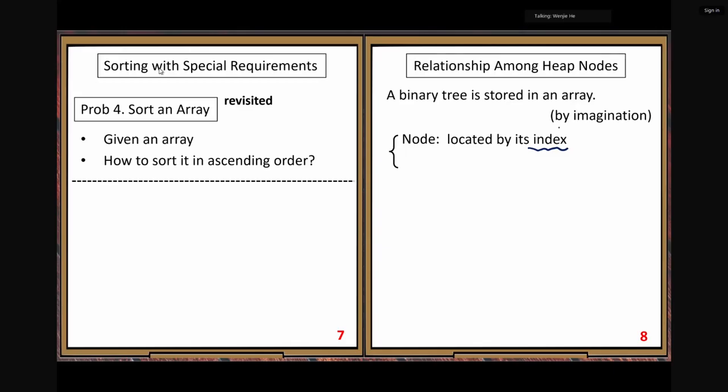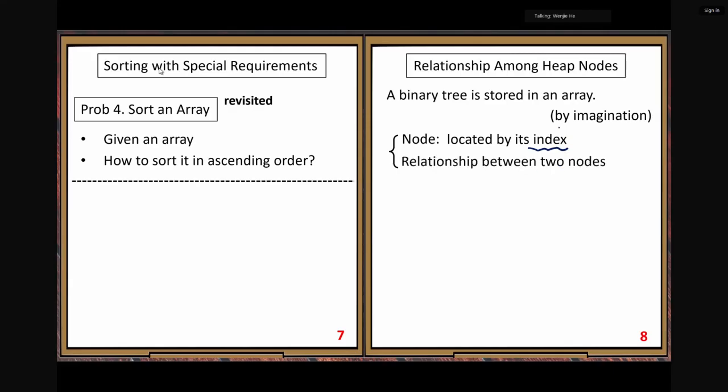When we control the index numbers, we can control the nodes. And we can access the node locations through indices. So we can access all the nodes through indices. That's our understanding.